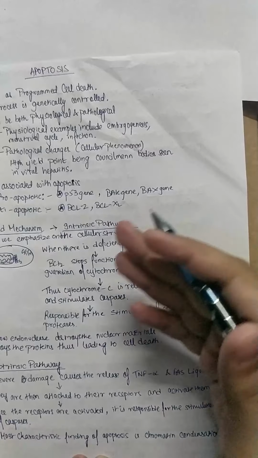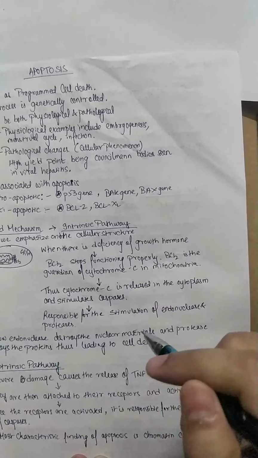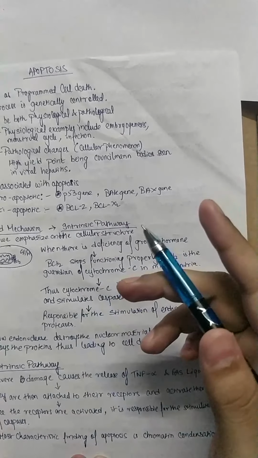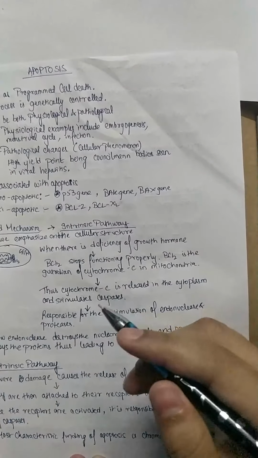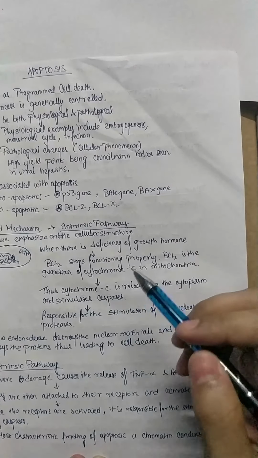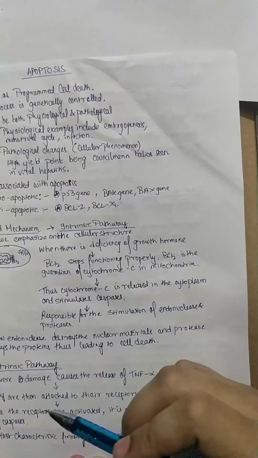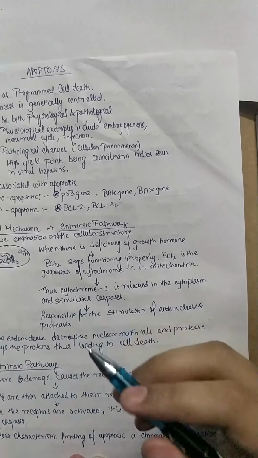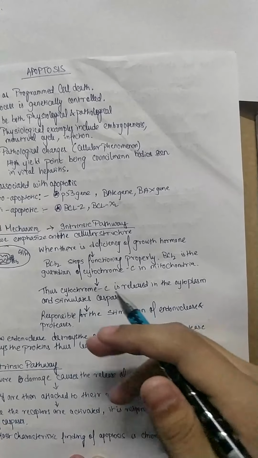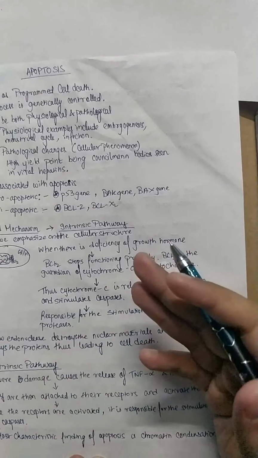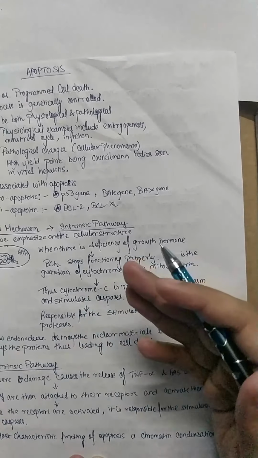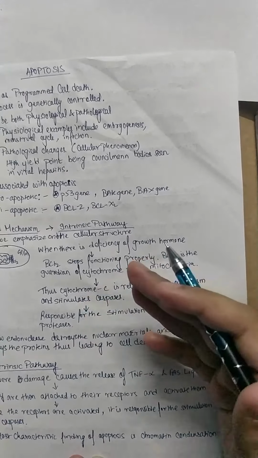Once the receptors are activated, it is responsible for the stimulation of caspases. So the thing which we see common in the intrinsic pathway as well as the extrinsic pathway is that the caspases are stimulated somehow or the other, which is the cause for apoptosis. Once the caspase gets stimulated, apoptosis is going to happen.